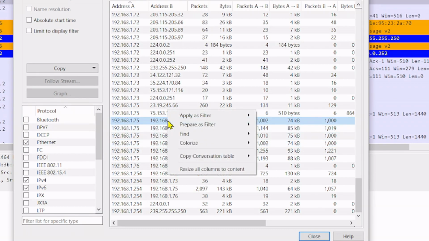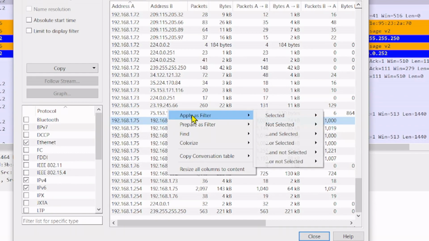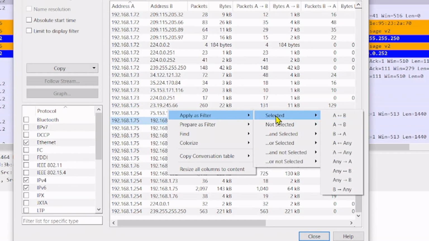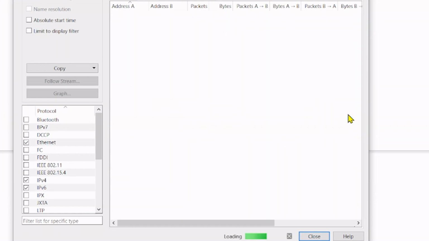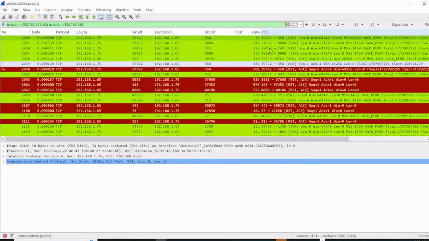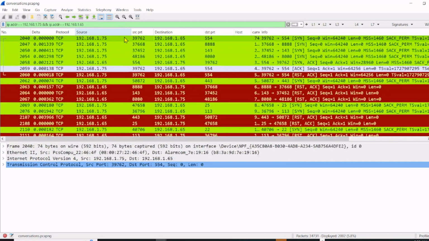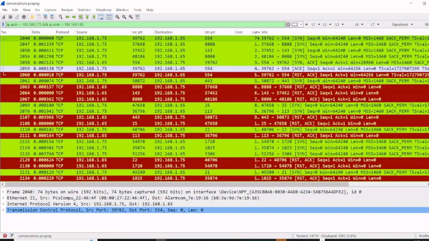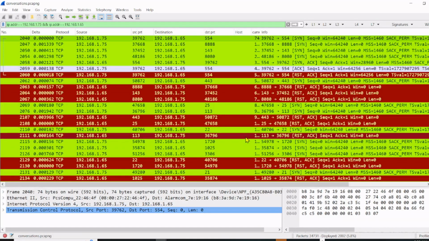We're going to right click on this conversation, Apply as Filter, Selected, and I'm going to do A to B and B to A. I honestly always, for the most part, just pick this top one. It's pretty useful. And then I click it, and it brings us to all of the traffic that happened between these two machines. Expand this. I like being able to see that.